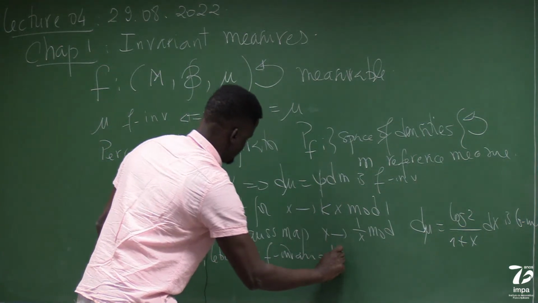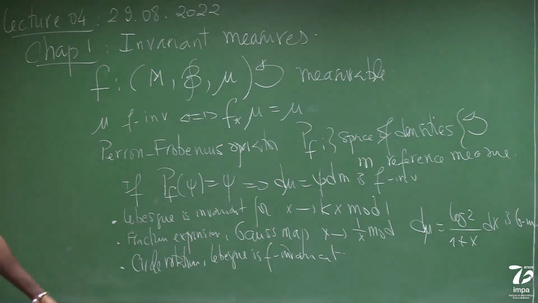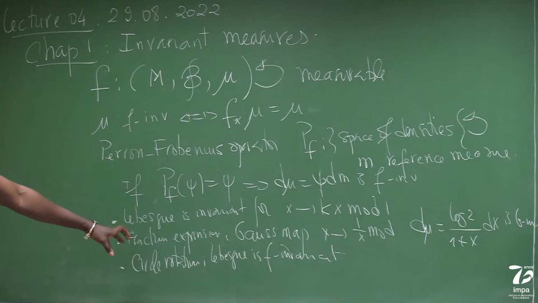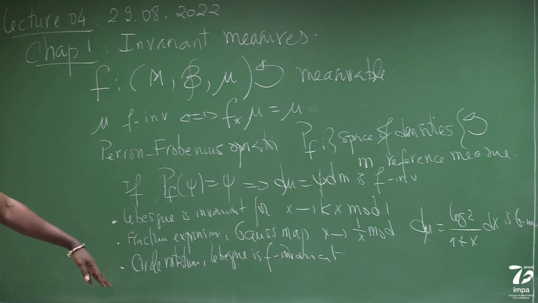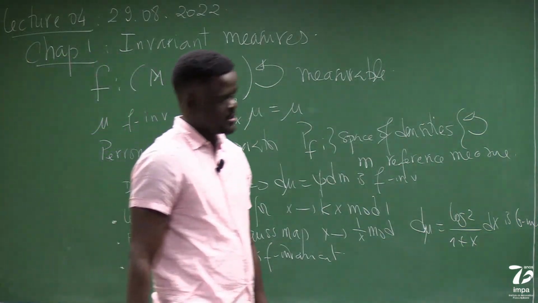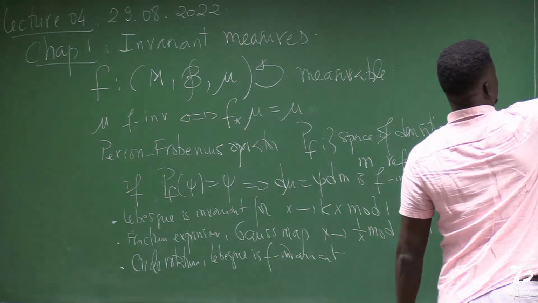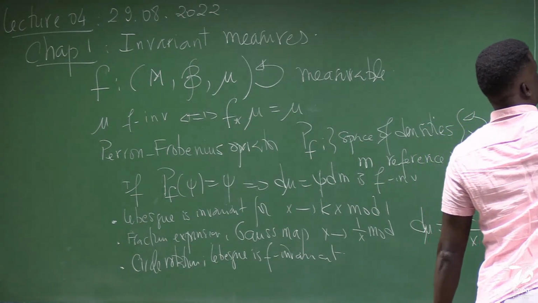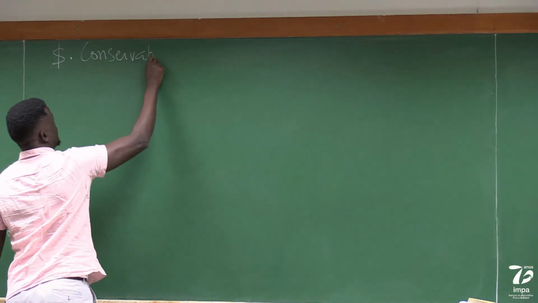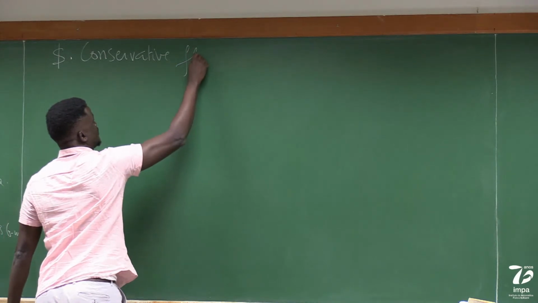We also saw that if the rotation angle is rational, every orbit is periodic. If it is irrational, every orbit is dense. So today we will do more examples about flows, like continuous time dynamical systems. Today we will talk about conservative flows.